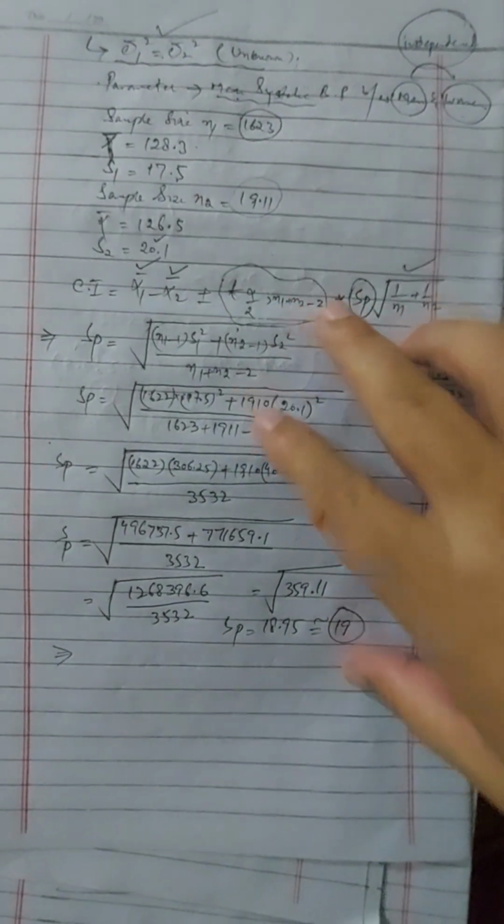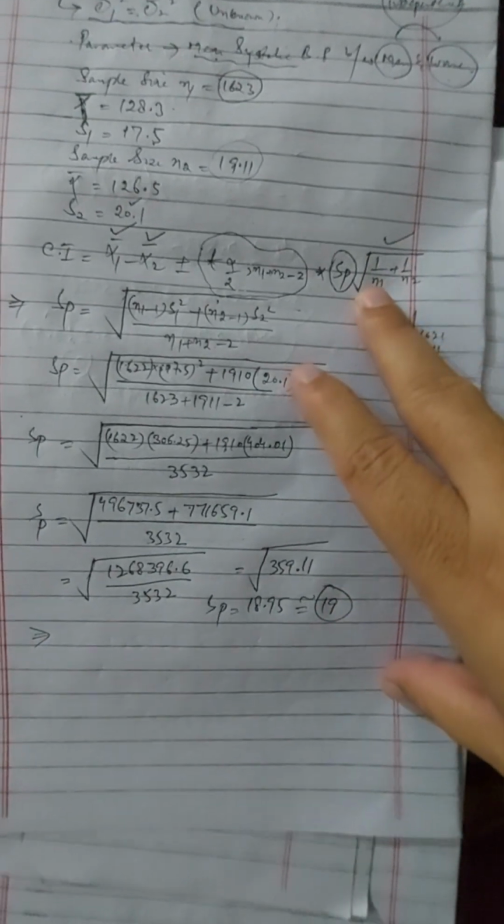Let's calculate the t value and the multiplier of the pooled variance.